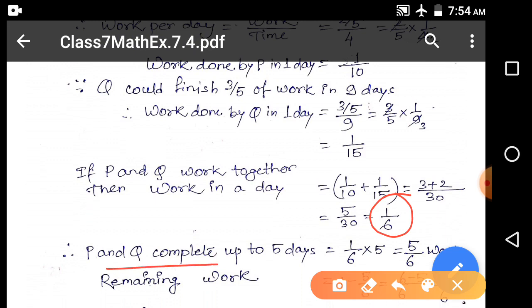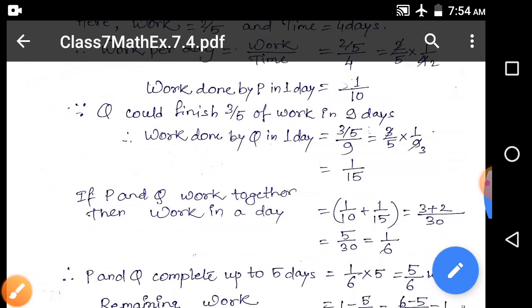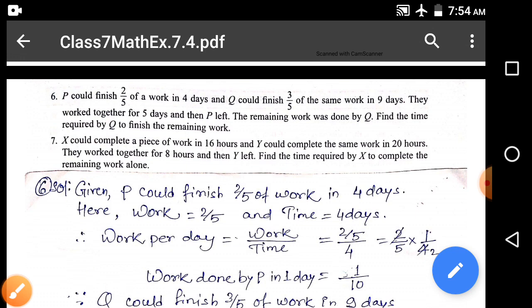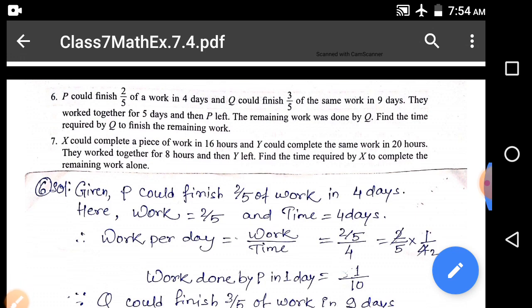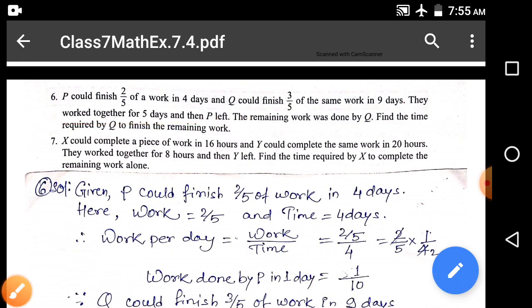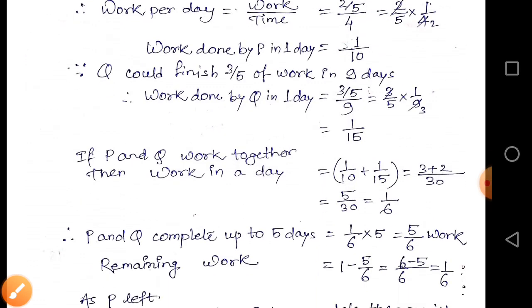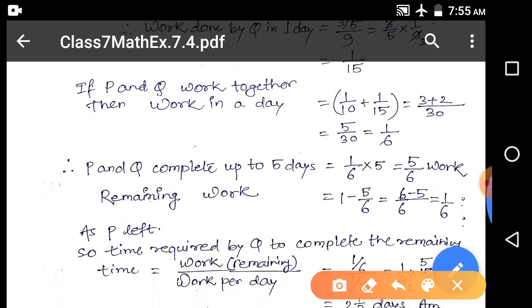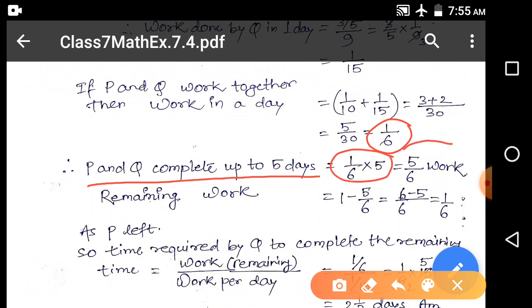Now they worked for 5 days. It is given in the question. They worked for 5 days, then P left. So the amount of work they did: when P and Q worked together, for 1 day they completed 1 by 6, for 5 days they completed 5 by 6 part of the work.